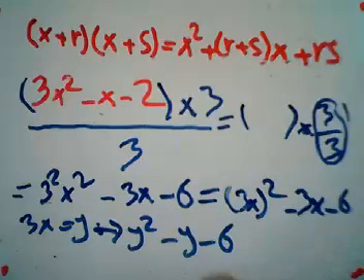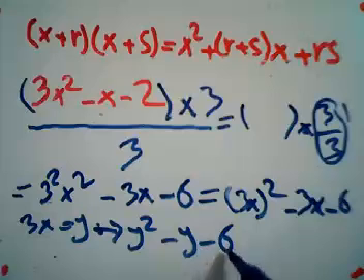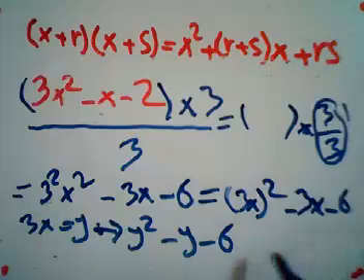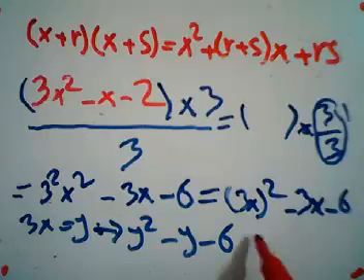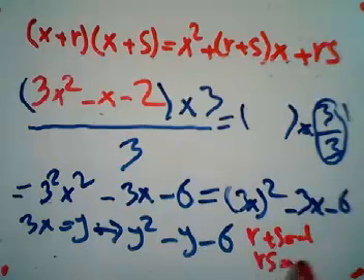Now it is in this form, so let's find R and S, whose sum would be -1 and product -6. So let me write R plus S is -1, R times S is -6. So what are they? They are -3 and 2.